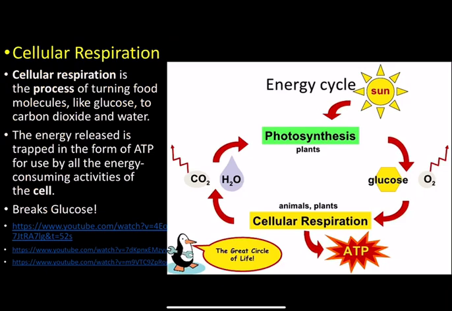The energy released is trapped in the form of ATP in cellular respiration for the use by all the energy-consuming activities of the cell. So the cellular respiration breaks the glucose, while photosynthesis makes the glucose. This is the key for you remembering the difference between photosynthesis and cellular respiration.